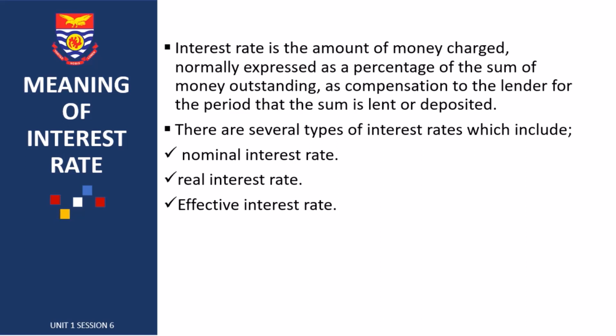Specifically, we are looking at the 3 key types of interest rates. The first one is the nominal interest rate. The nominal interest rate refers to the interest rate which is not adjusted for inflation.